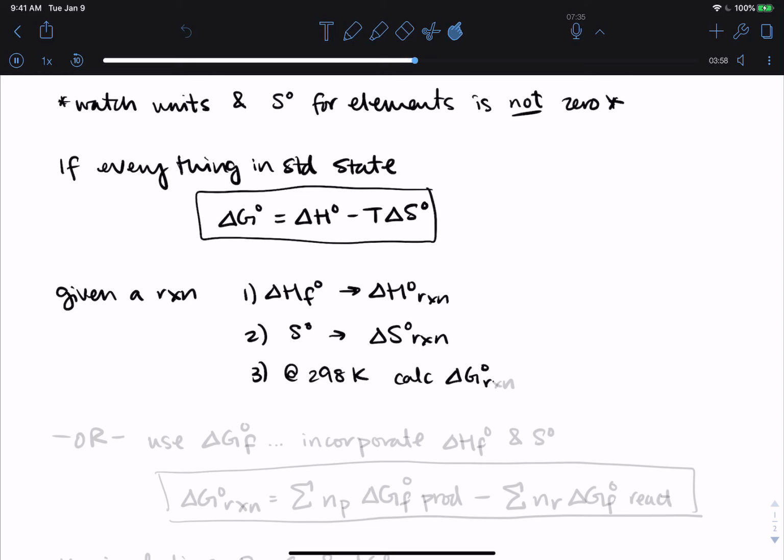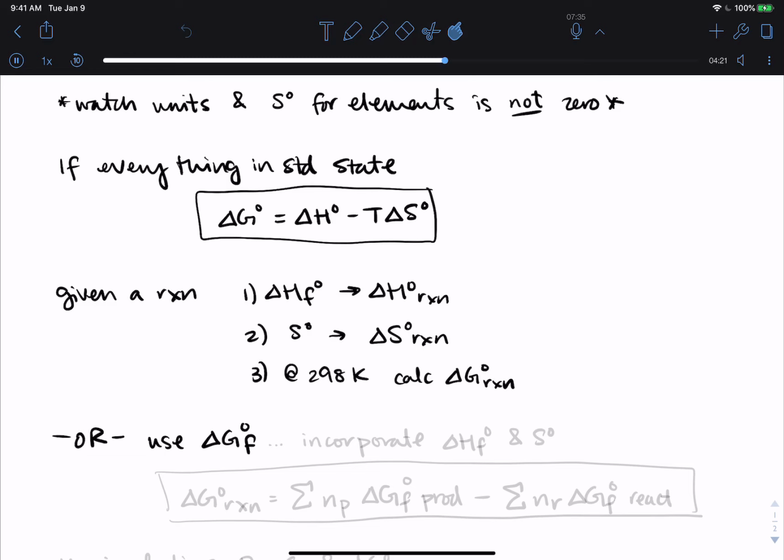I mean, this is a useful value for us to have, but there's one other column in the appendix that we've not yet used. And if you go look at that, you'll see that it's actually a delta G value. It's a delta G of formation.